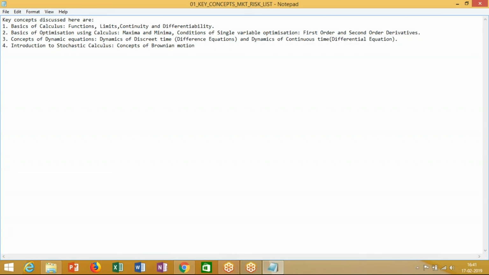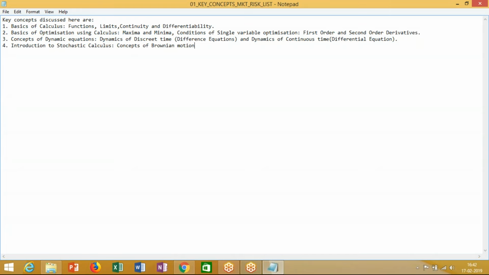When I talk about the concepts of Brownian motion, what is it that we are talking about? So introduction to stochastic calculus. This is where the concept of Brownian motion is coming in. Now it is this introduction of Brownian motion which brings in dynamism, not to market risk, but to these risks and unforeseen situations.